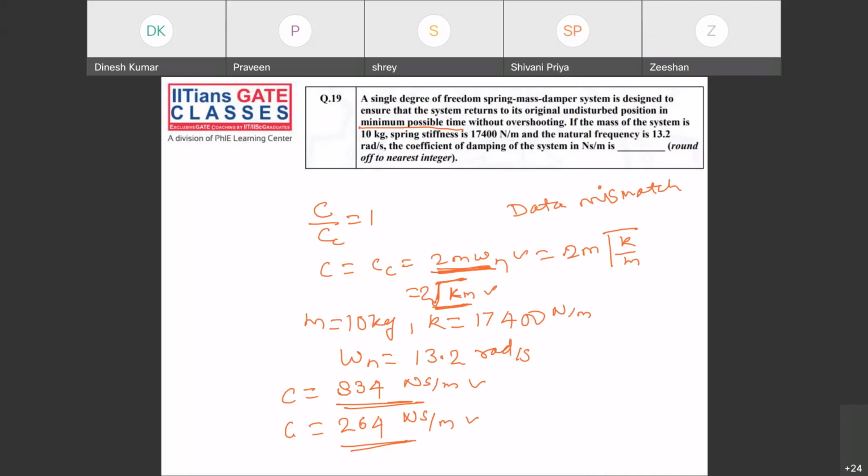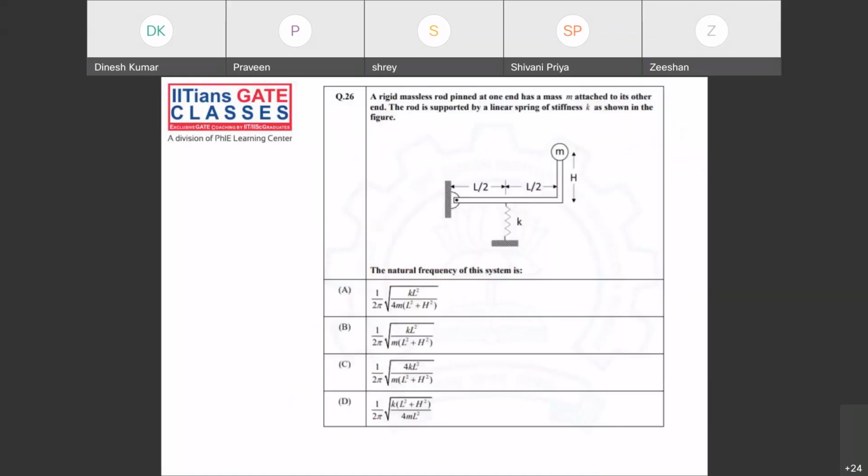Anyway, I will share those questions in the group. So you should go back and look into your class notes. We have solved some questions where critical damping was not directly written, but with the language we can understand that it is critical damping.